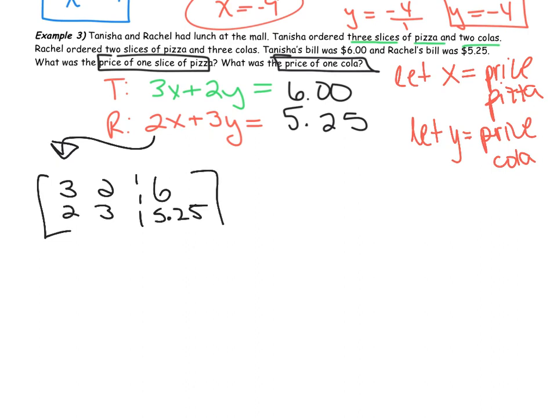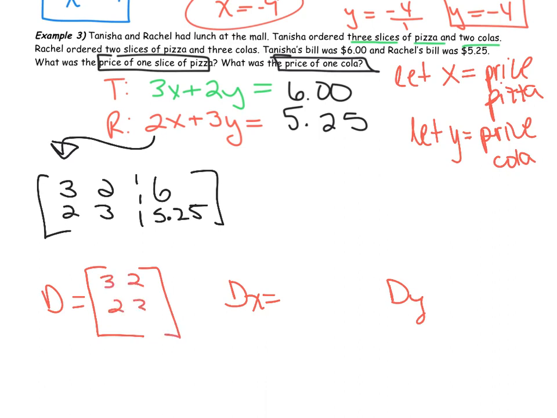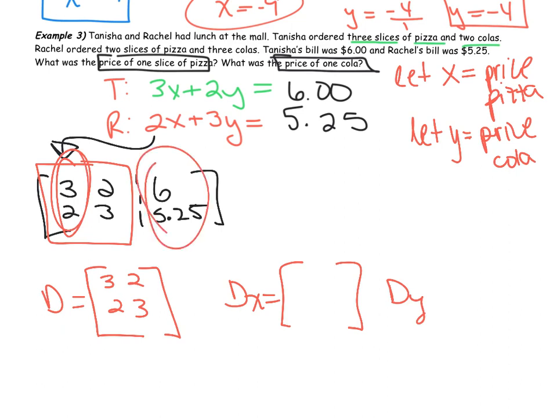All right, so let's write out. We need the 3 matrices. We need D, we need Dx, and we need Dy. So D is going to be 3, 2, 2, 3. Remember, we take the regular 2 by 2 matrix. Dx is going to come from replacing the x column with what's on the right-hand side of the equal sign.